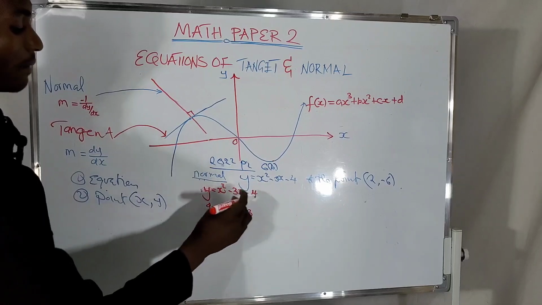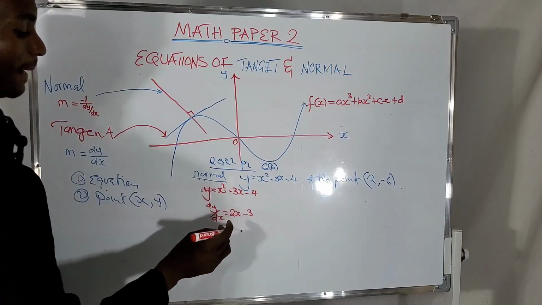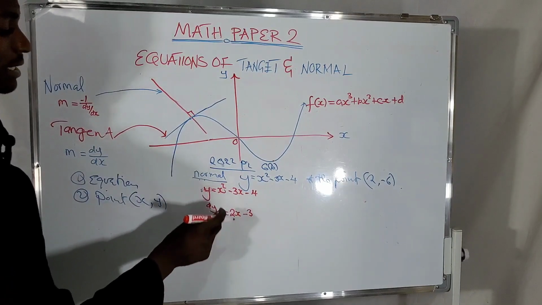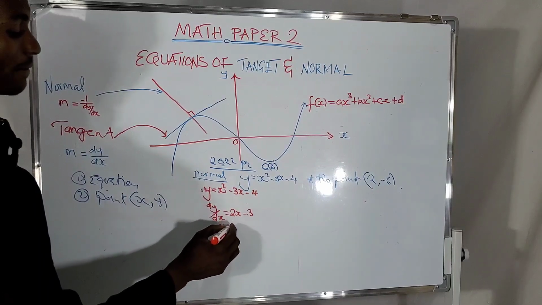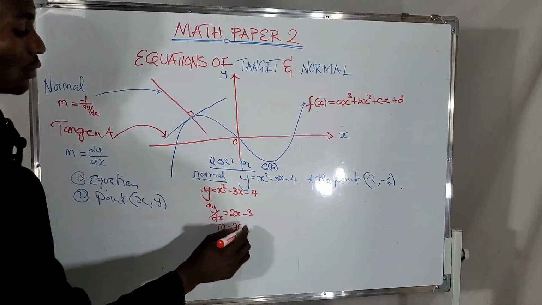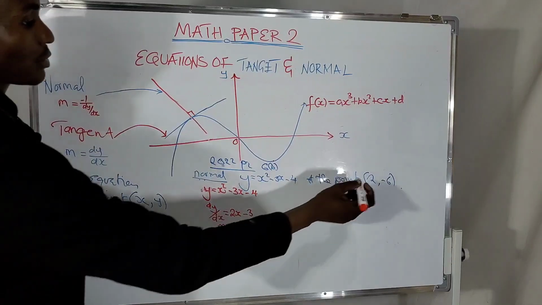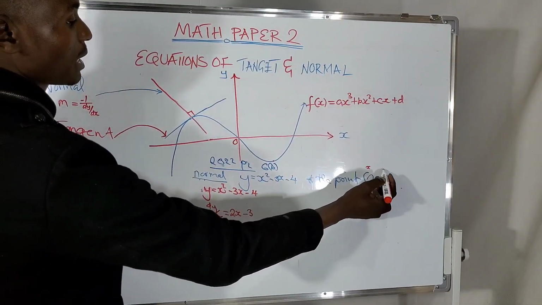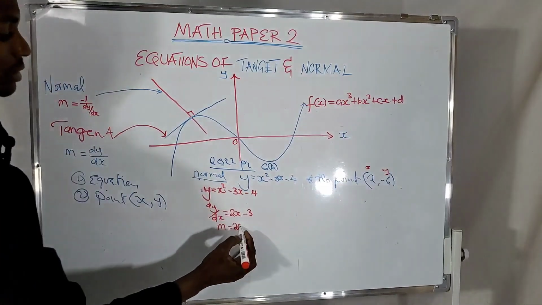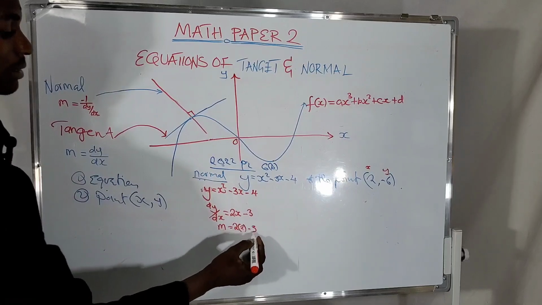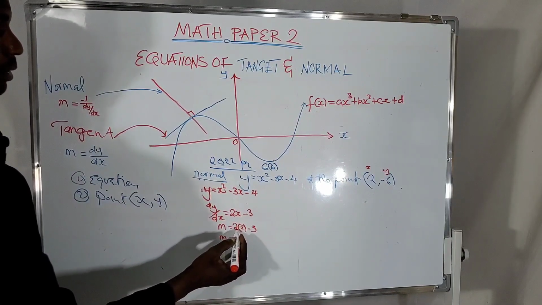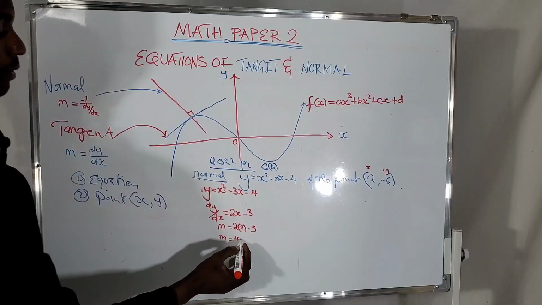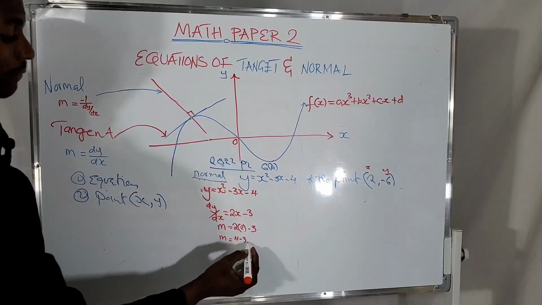Now we replace dy/dx with the gradient, m. Where there is x, substitute the value of x, which is 2. So the gradient is 2 times 2, which is 4, minus 3, which is 1.